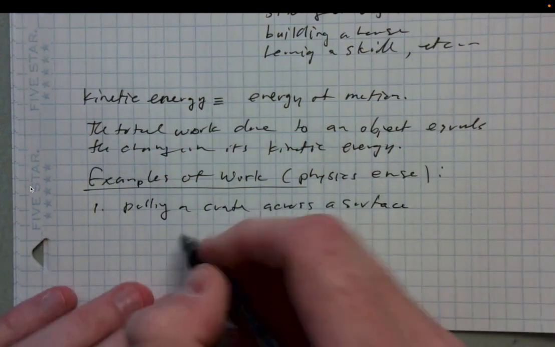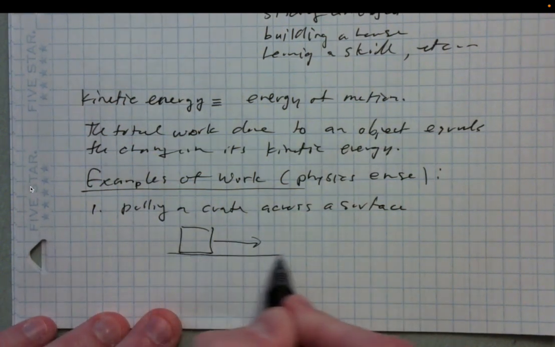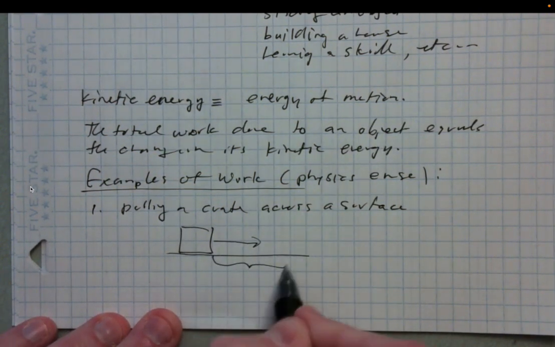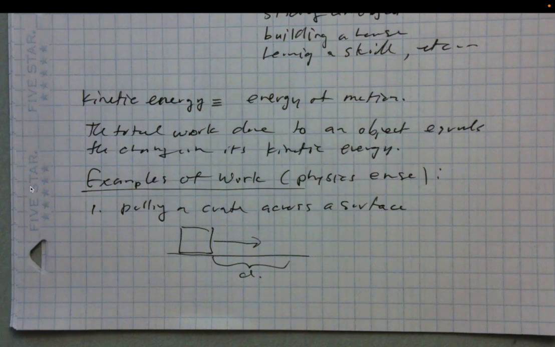I've got some kind of crate, and I'm pulling it across the surface. So some distance, that crate is going to move across that distance. I would say that's an example of work. We'll define work in a second, but we're just laying the groundwork here. Another example would be lifting a heavy brick off the ground.